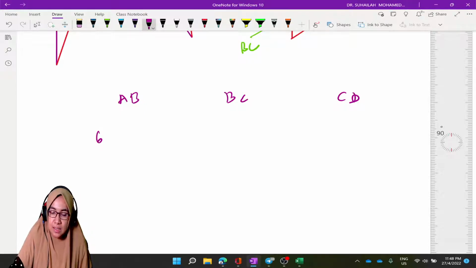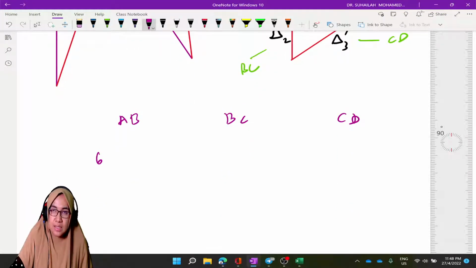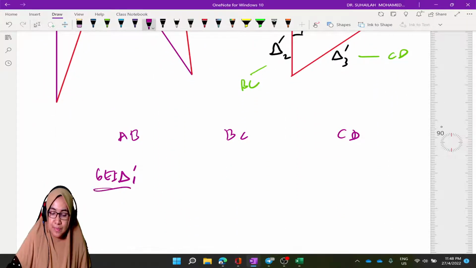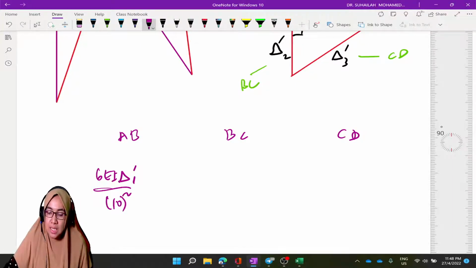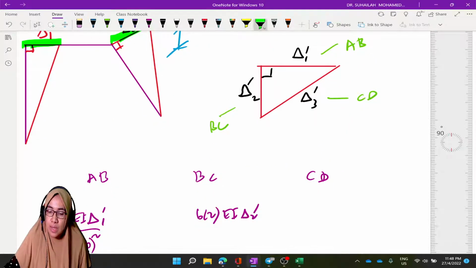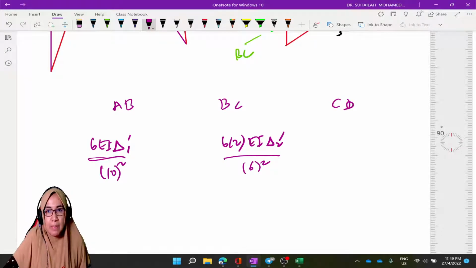It is 6 EI delta 1 prime divided by length squared. The length is 10 meter, so 10 squared. For BC, it is 6 times 2 EI delta 2 prime, this one, for the beam, divided by 6 squared.